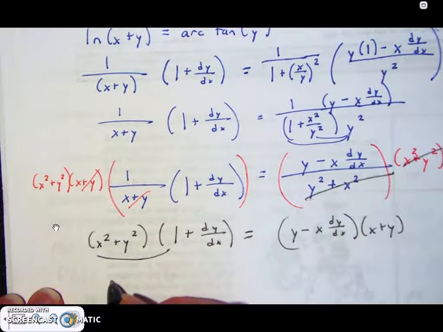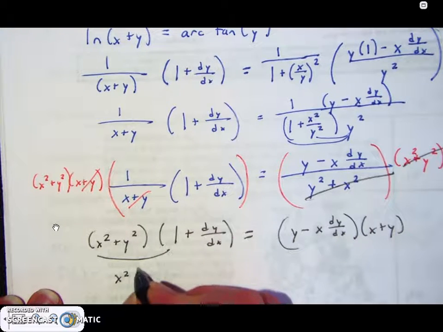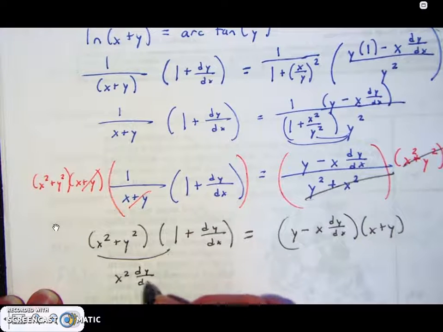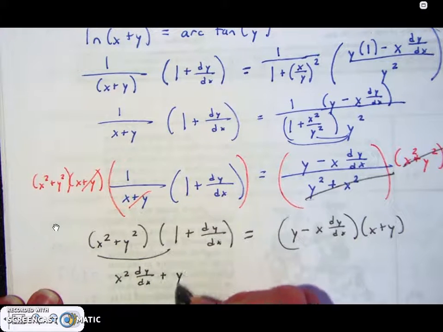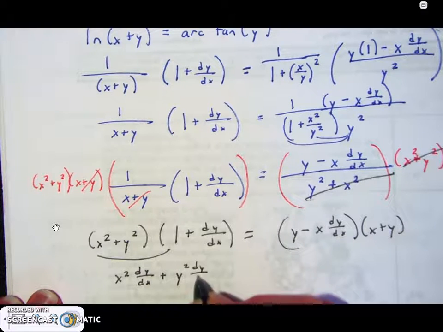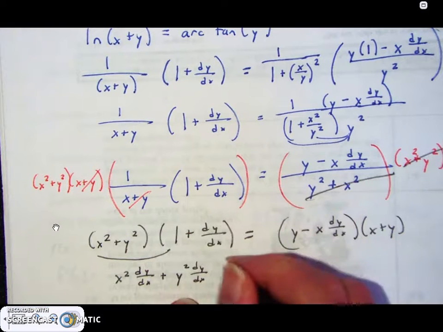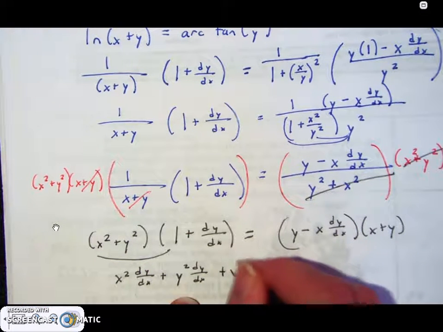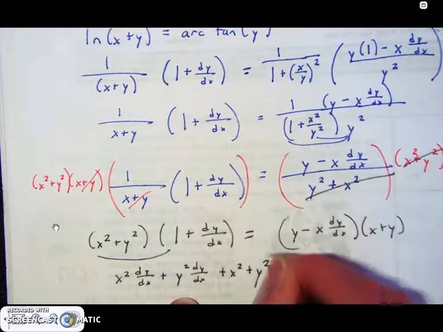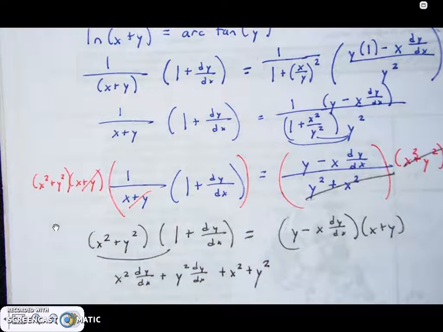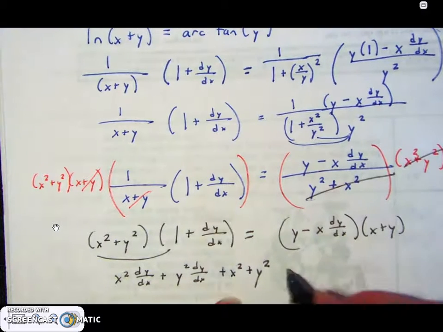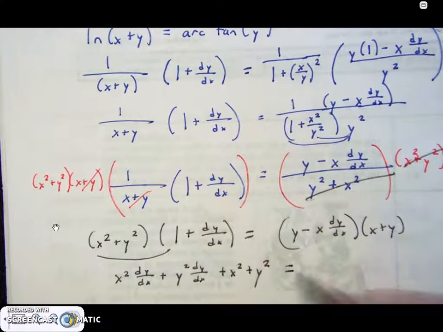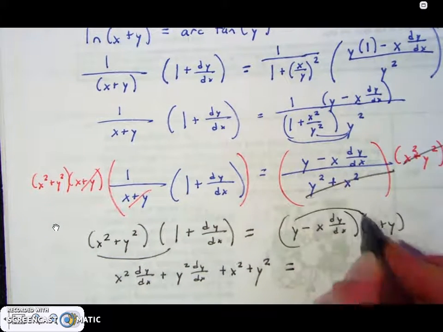So help me out with foiling. You're doing it in such a crazy order that I'm going crazy, but I'm trying to write it down your way. x squared dy dx plus y squared dy dx. Okay, I agree. No, he was correct. All right, and foiling this one, boy, I hope you do this one in order.